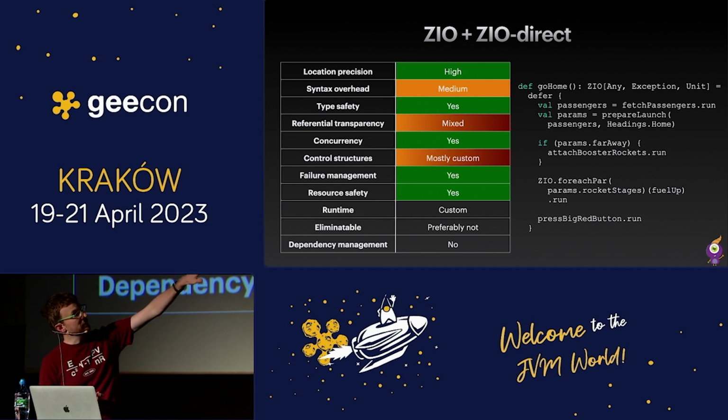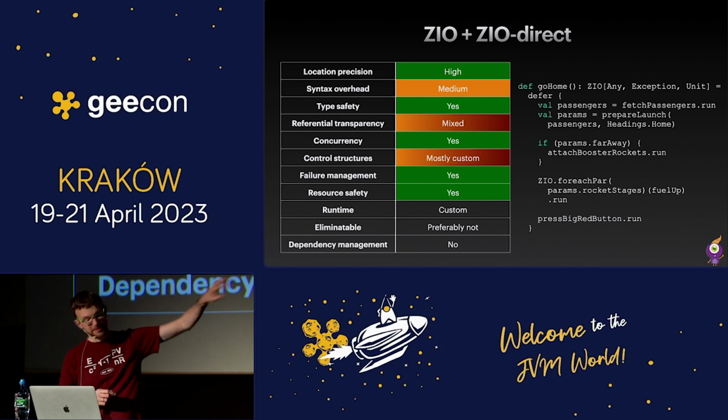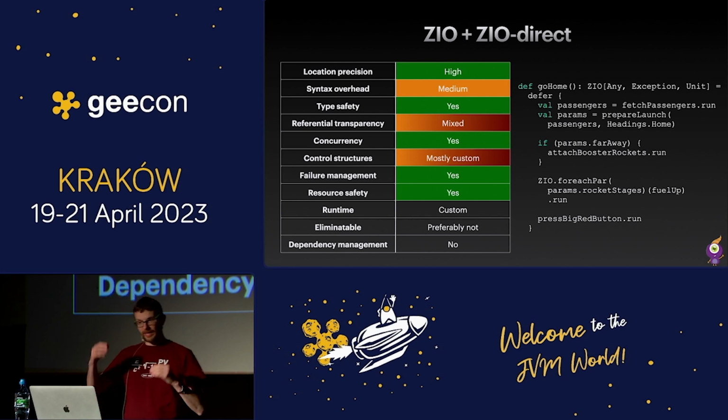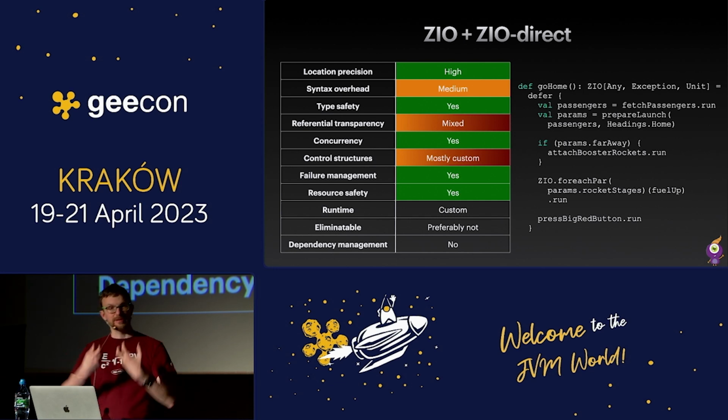So here we've got this .run method. For example, fetchPassengers.run. fetchPassengers returns a ZIO, and if we are within a defer block, we can call .run on it to actually extract the result from the inside.